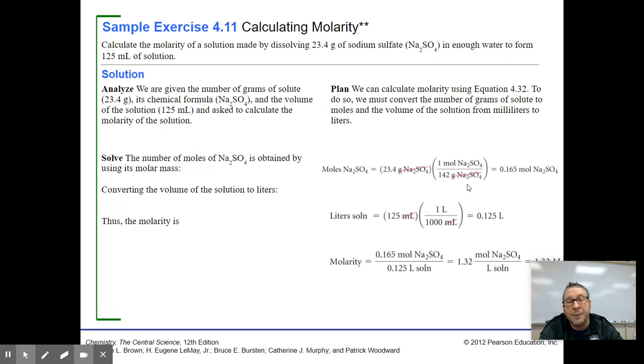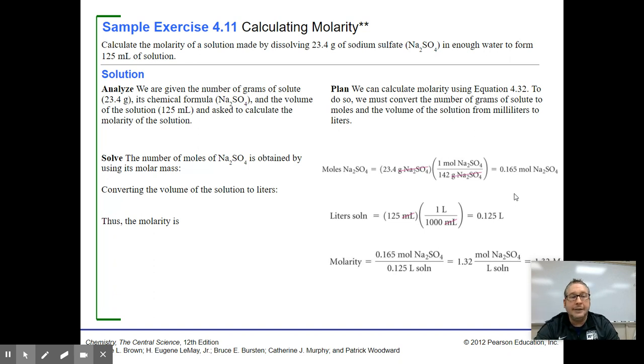Remember, you have to take the formula and utilize the amount of each element in the formula alongside its respective mass from the periodic table to determine the molar mass. So we find that we have 0.165 moles of sodium sulfate present.